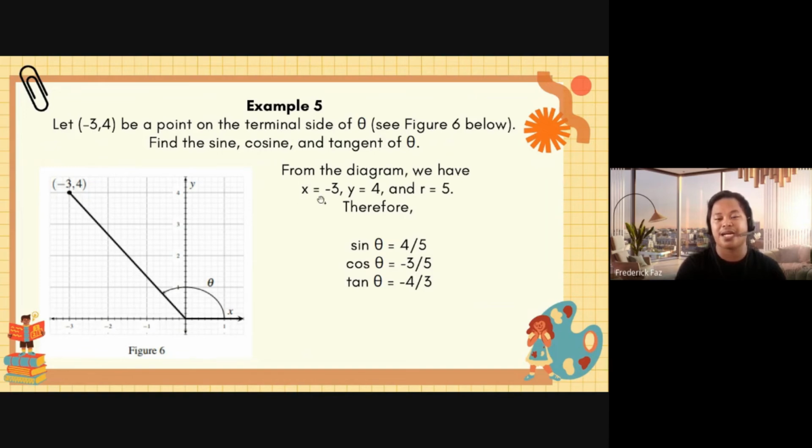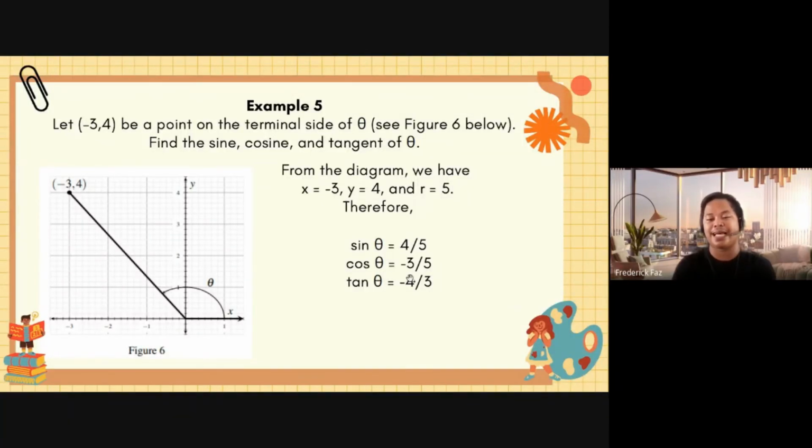Solving for r, we apply the Pythagorean theorem. So r is always the longest. If x is negative 3, the square of negative 3 is positive 9, and the square of 4 is 16. So 16 plus 9 is 25, and the square root of 25 is 5.